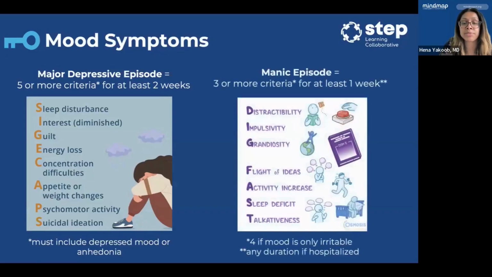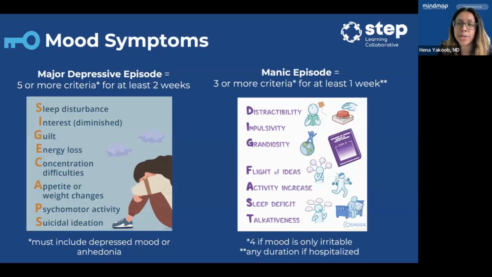So I also wanted to briefly review criteria for manic episodes that we would see in bipolar 1. Like we mentioned earlier, psychosis is not associated with hypomania, but it is with mania at times, not always.